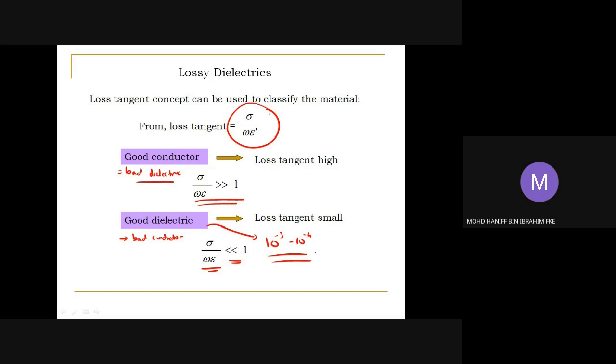So this is what I want you to understand, for the case of lossy dielectrics and how the loss tangent can be used to quantify the medium, whether the material is a good conductor or, in the other way, a good dielectric.